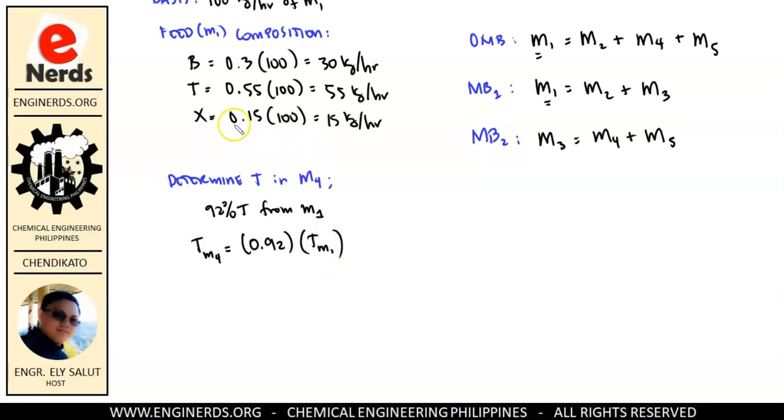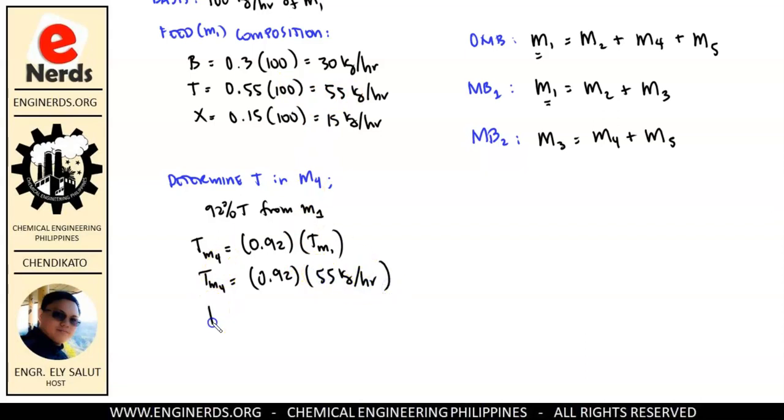Okay? So, our toluene from M1 is equal to 55 kilogram per hour. Right? So, therefore, our toluene in M4 is equal to 0.92 times toluene from M1, which is 55 kilogram per hour.